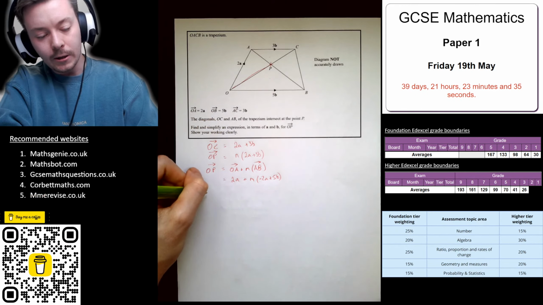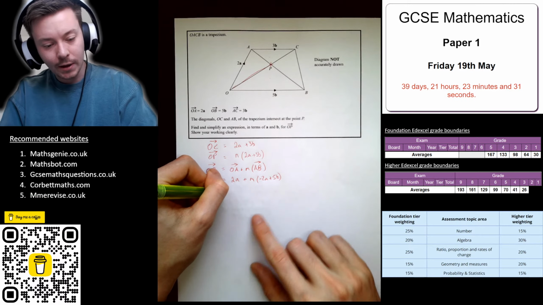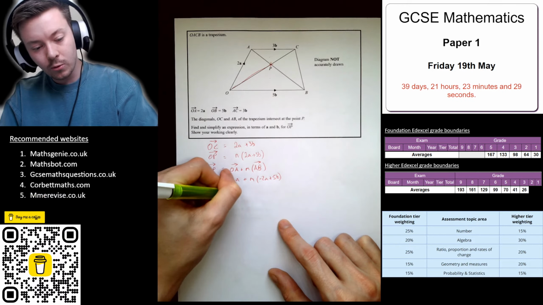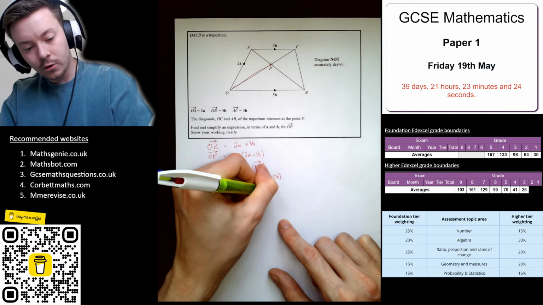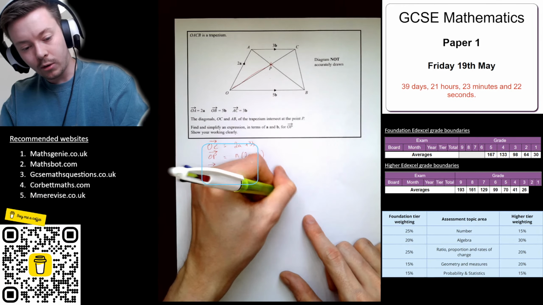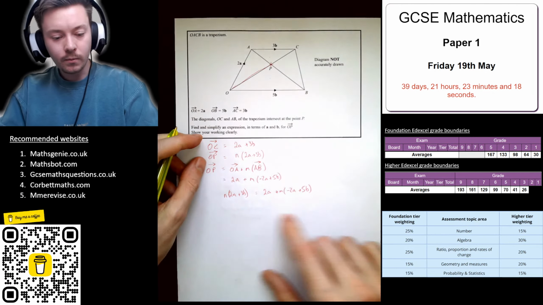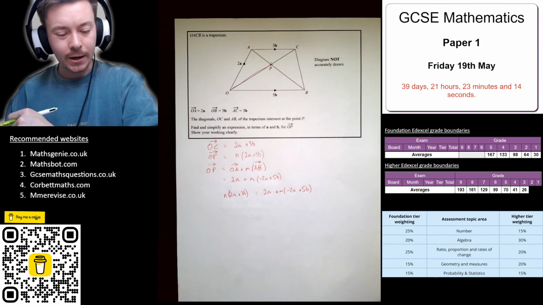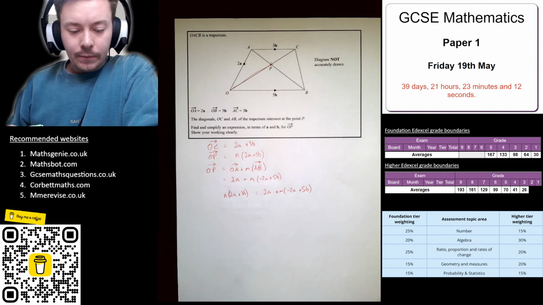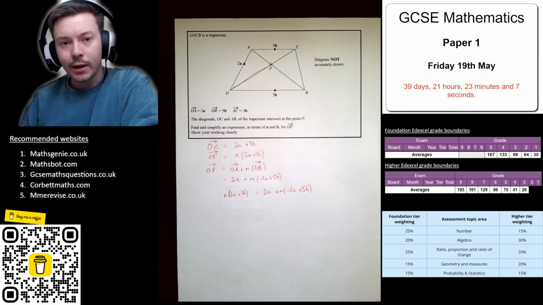So I've got that, and I will expand it out in a second. N lots of 2A plus 3B is equal to 2A plus M lots of minus 2A plus 5B. Now what I need to do here is work out N and M, and if you've got two variables, you need two equations.